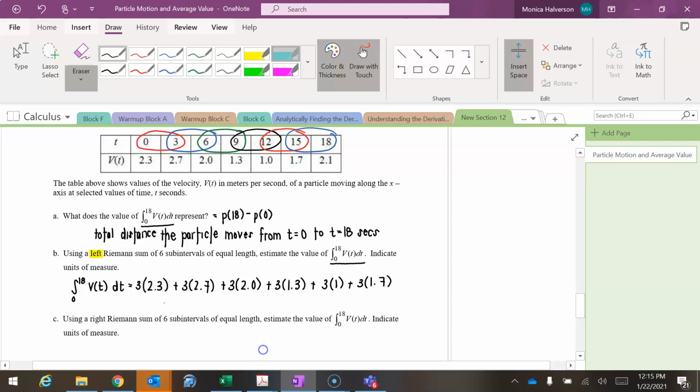And if you got that, it would approximate that the total distance traveled from 0 to 18 using the left Riemann sum is 33 meters. I would like you to do C on your own now using right Riemann sum.